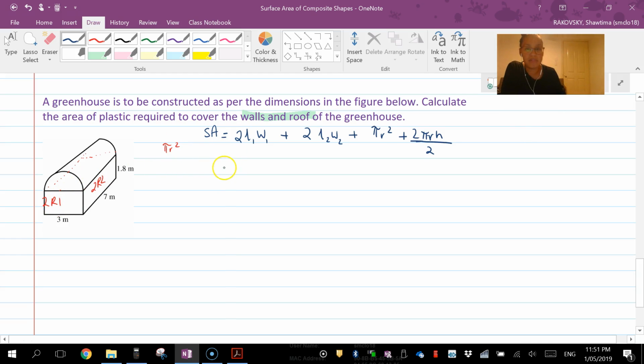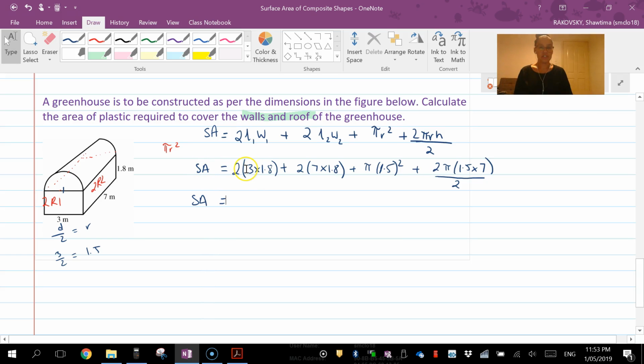Substituting my values in, one of the things I didn't do earlier was r. If this is your d, d over 2 gives us your r. So that's 3 over 2 equals 1.5. So surface area equals, I've substituted in my values. This one has come from my first rectangle, so the dimensions are here. The 1.8 is the height of this rectangle, and the 1 is that rectangle, so that's there.